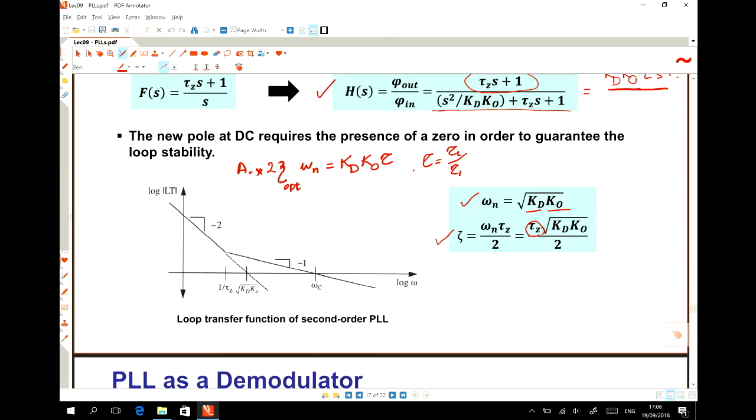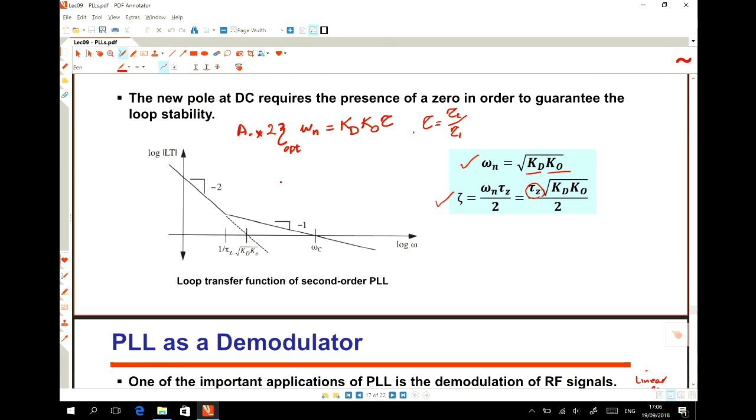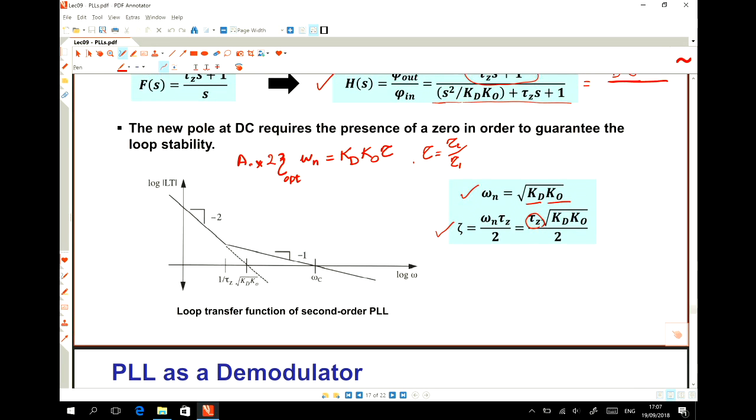This graph. Okay. I think so. This is actually the loop transfer function.